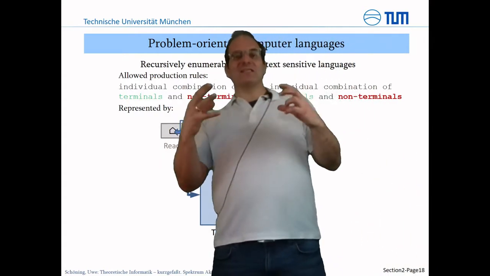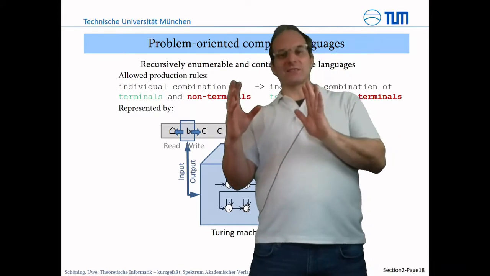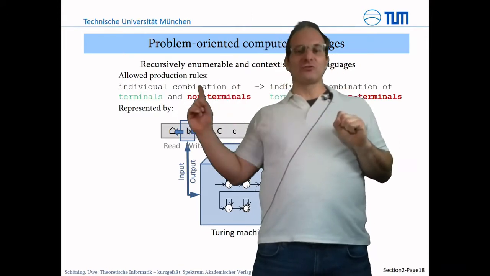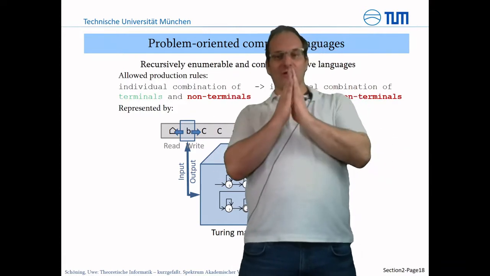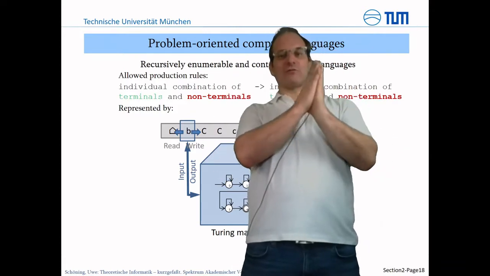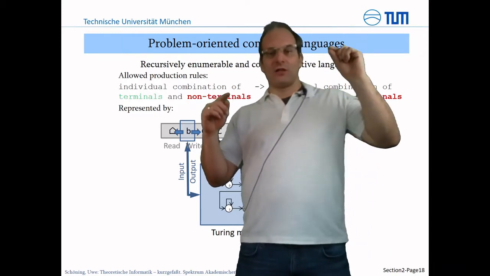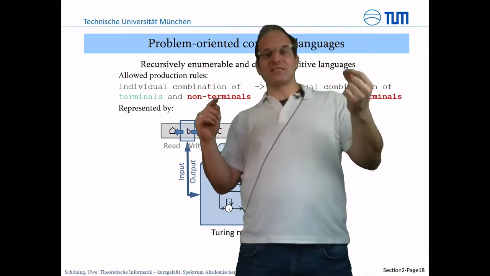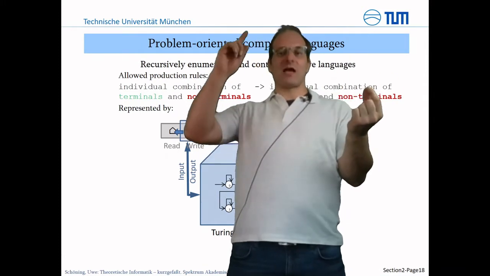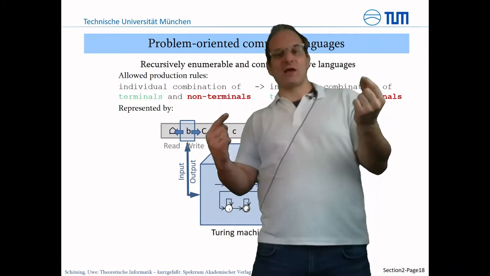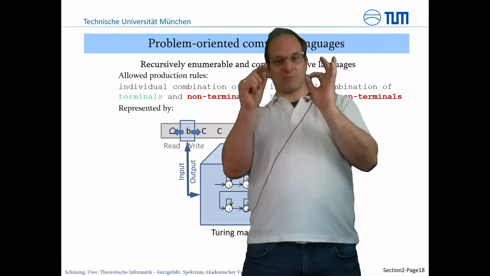And the next step is that we just apply this rule if we have a special set of terminals and non-terminals. So for example, if we have lowercase a, which is part of the alphabet, uppercase B, which is part of the non-terminals, and lowercase b, which is again part of the alphabet.